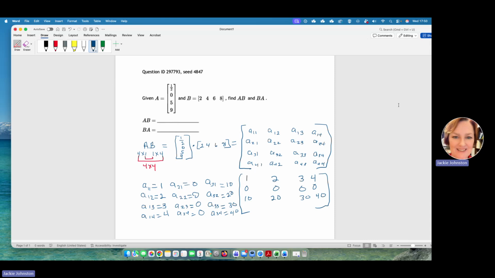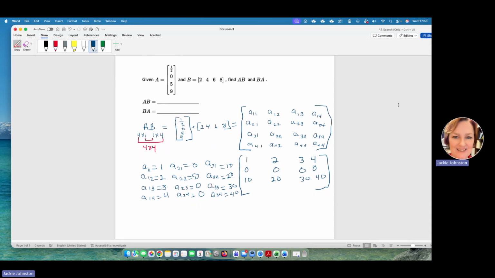Let me see if I can scroll back up a little bit. There we go. And then let's look at row 4, column 1. Row 4, column 1, that's going to be 18. This is row 4, column 2. That's going to be 9 times 4, which is 36.